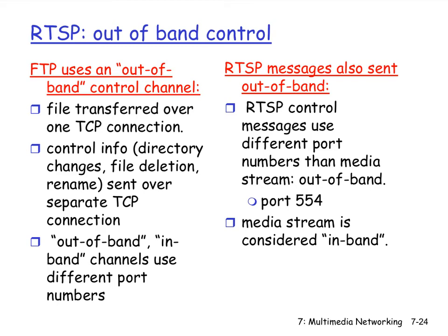The control here is basically for facilitating the interaction between the client and the server. So the media stream itself, the streaming of the content, is what we call in-band. In-band, we refer to the data or the multimedia content, and out-of-band, we refer to the control.